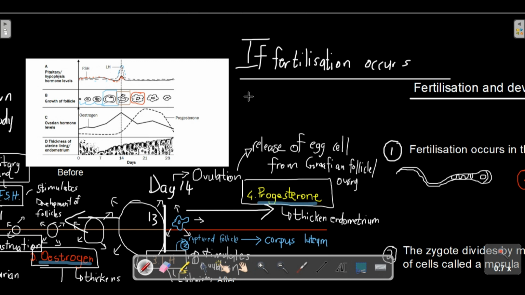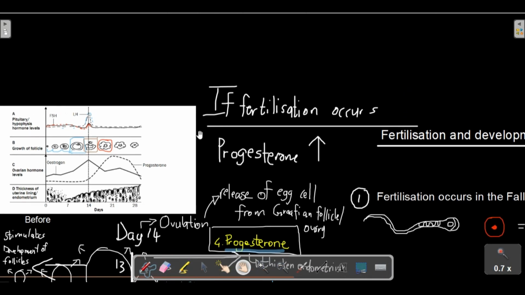That means the progesterone levels cannot drop. They have to keep on being secreted so that they can continue to thicken the endometrium. Remember, we are preparing for the embryo to embed on the endometrium, and so the endometrium needs to be thick. Hence progesterone needs to keep on doing the job of thickening it.